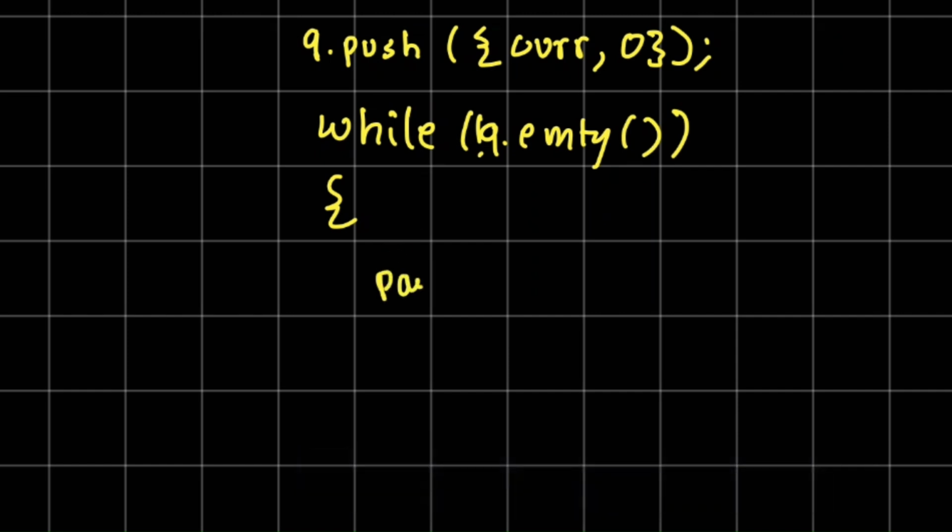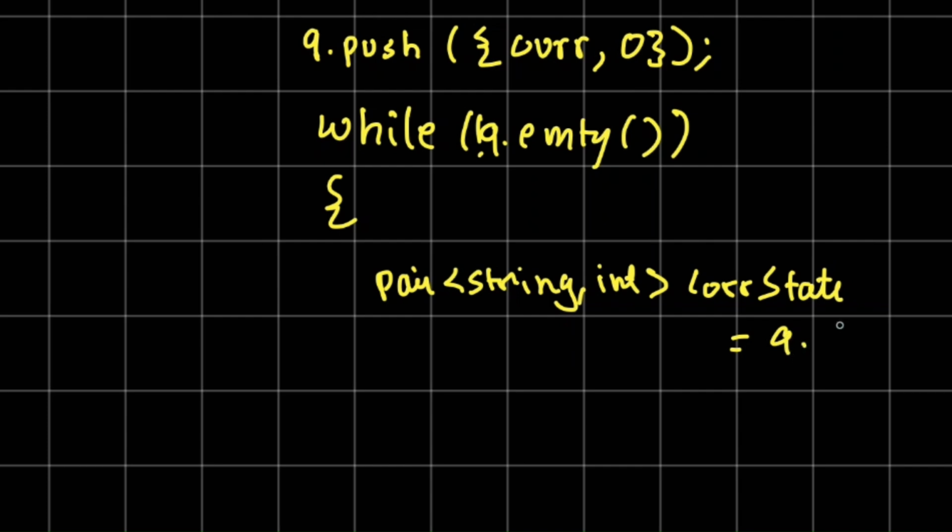So we will have a pair string comma int, and we will say it current state, this will be q dot front. Okay, so now we have taken the front from the queue. We'll have to pop it, so q dot pop.